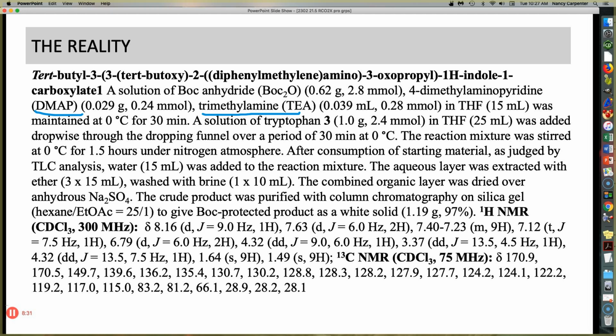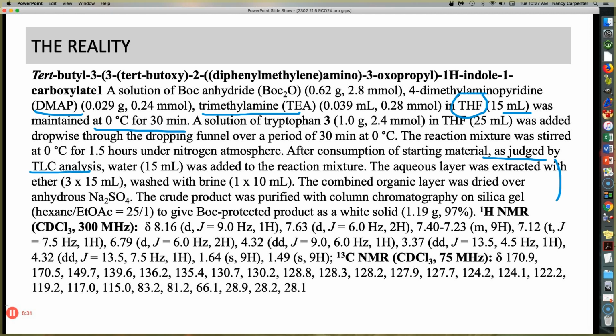So it's complicated. Here's my solvent. It tells you how much I'm going to use. I have to do this slowly for 30 minutes at 0 degrees just to get that first stuff mixed up together. Then I add my amine, another 30 minutes, and so on and so forth. It takes a long time. They use TLC to know when it's done.